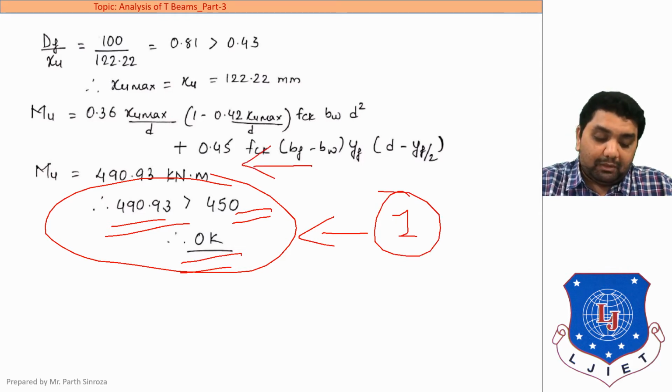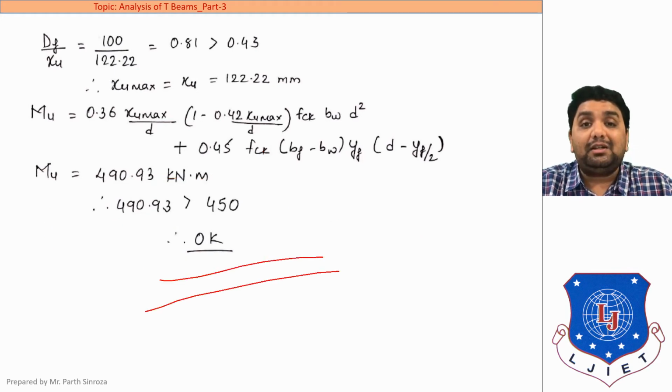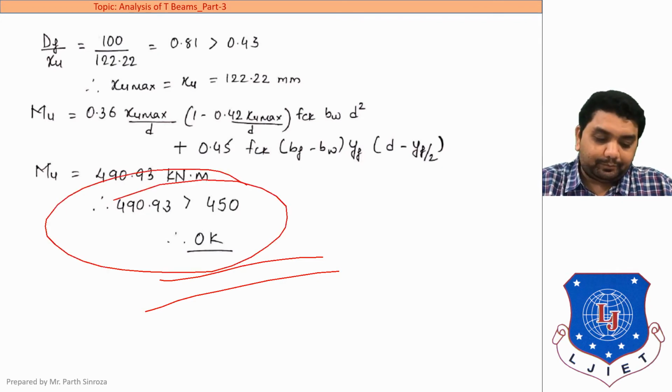If you complete your sum before this, 1 mark will be deducted, as you are asked to find the area of steel, and you are doing this to prove that the area of steel you have provided is correct. Clear? So this is a mandatory statement for you to write.